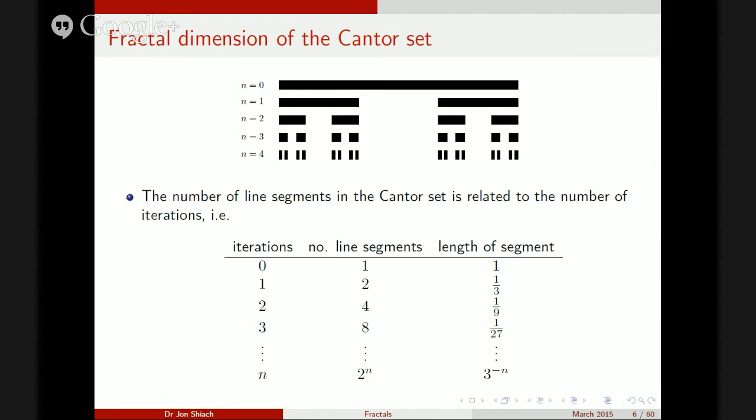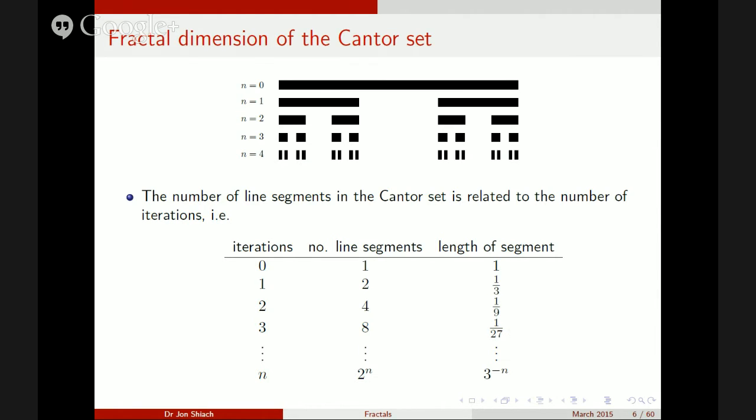The length of the segment: each time we're removing a middle third. So these 2 line segments are a third of the length of the original line segment, and this one here is 1/3 of the length of this line. So the length of the segment is simply a third multiplied by whatever it was in the previous iteration.